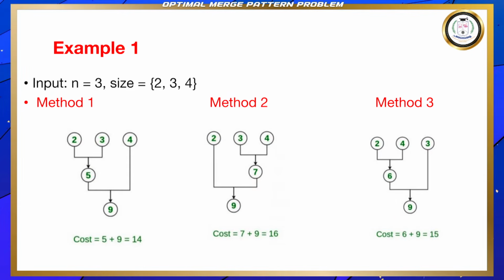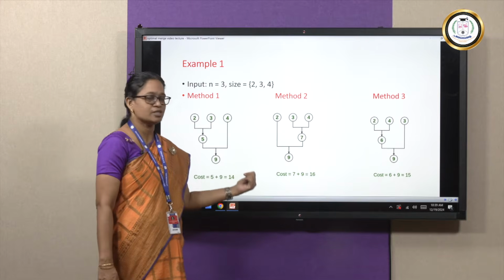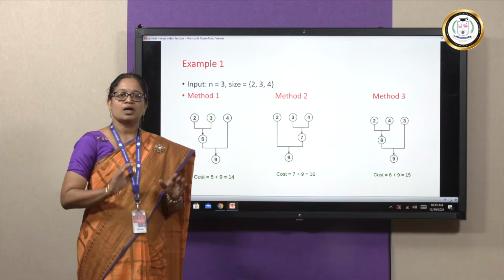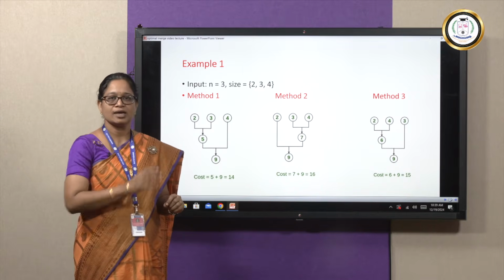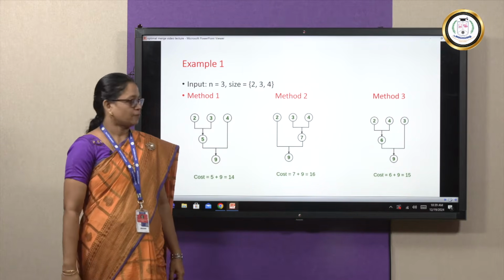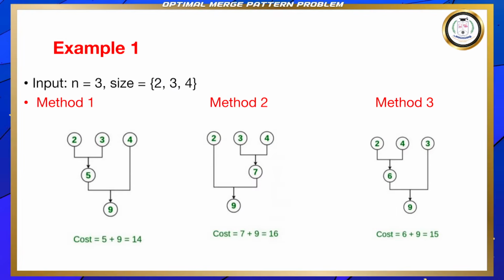Now we merge the first file with this resultant file. The number of comparisons is 2 plus 7, which is equal to 9. The cost incurred is the total number of comparisons, so 7 plus 9, which is equivalent to 16.